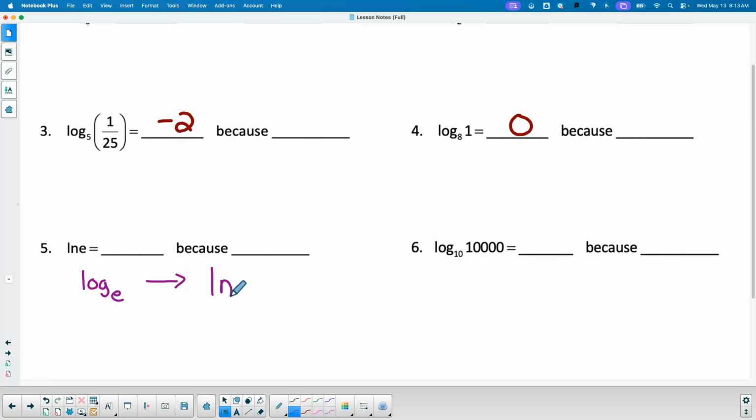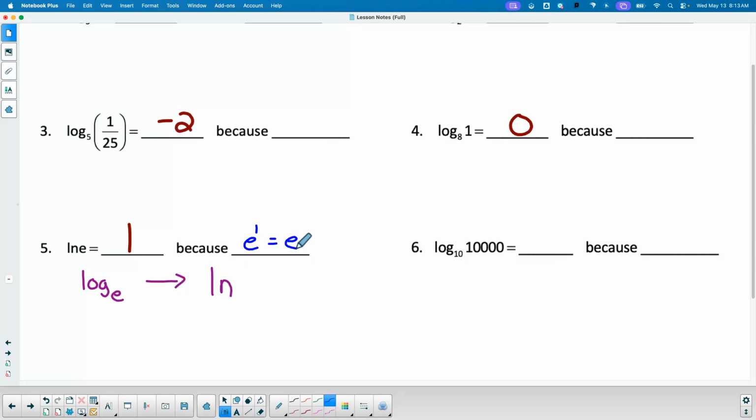So natural log of e is saying, what exponent do I have to put on e to get e? 1. e to the first power is e.